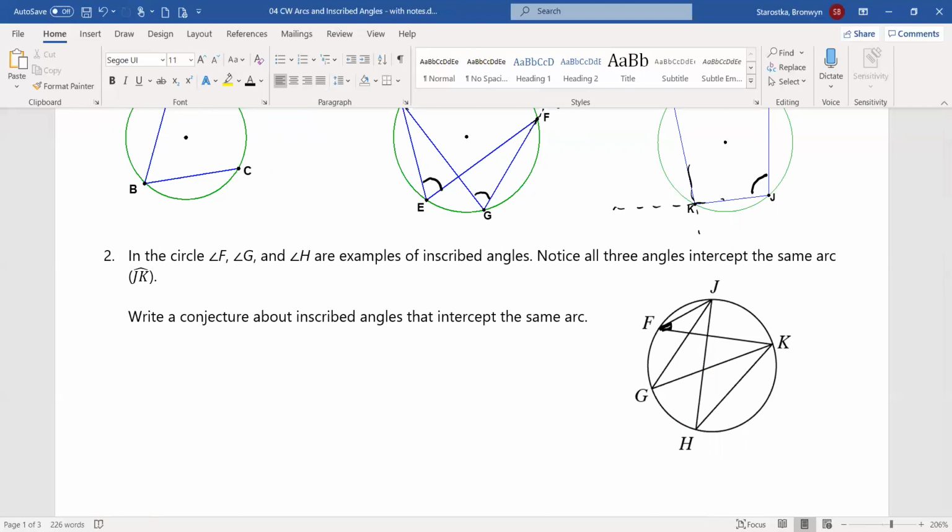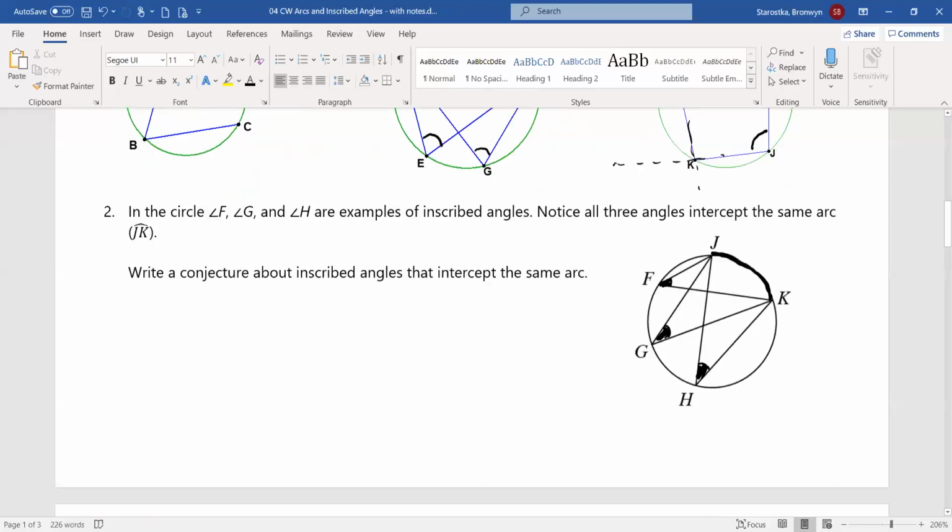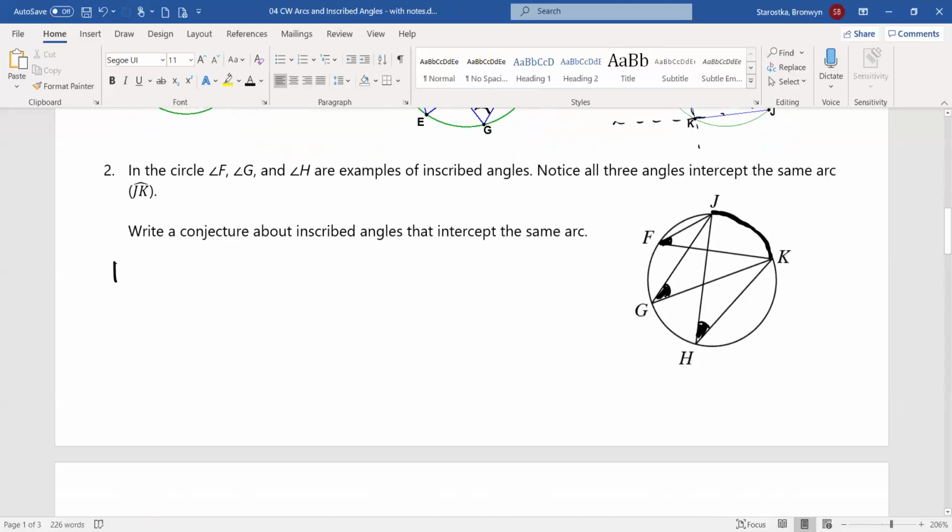We've got angle F, we've got angle G, and we've got angle H. And notice they all intercept arc JK. So what do you think about those angles? If they intercept the same arc, exactly.